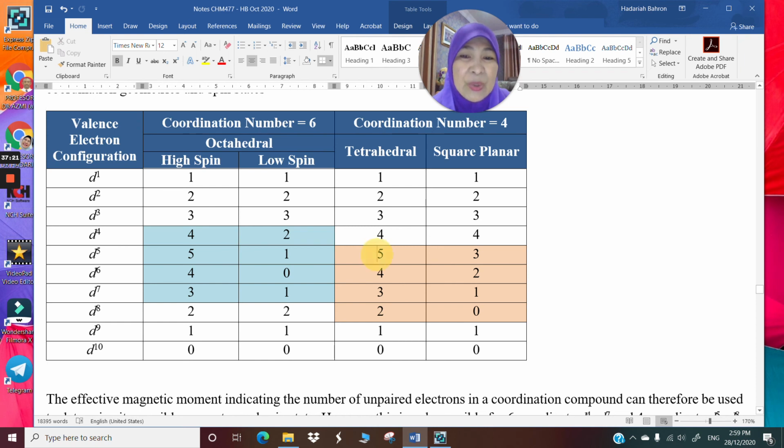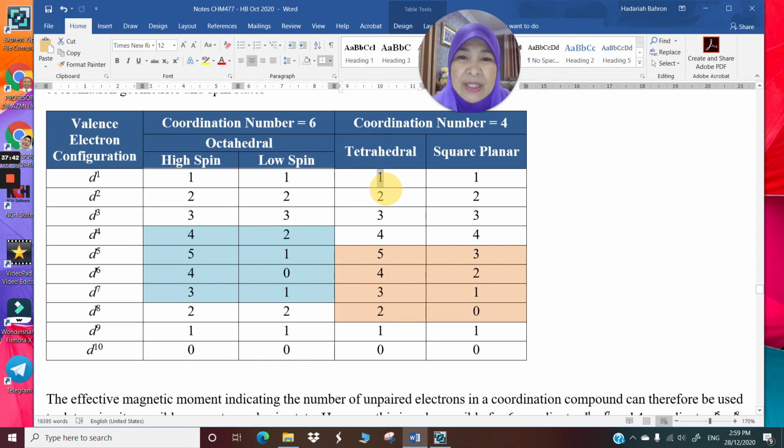But that can only be used to distinguish the cases of D5, D6, D7, and D8, because these are the cases where the number of unpaired electrons for tetrahedral and square planar are different.